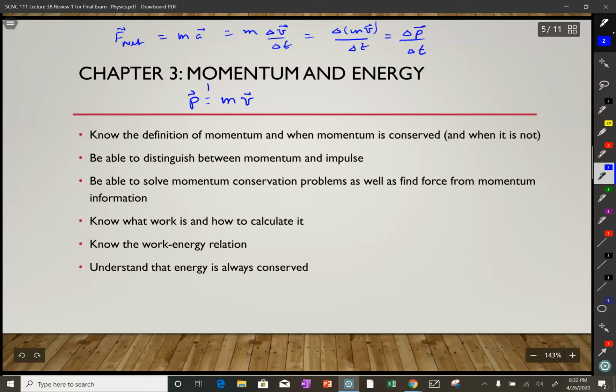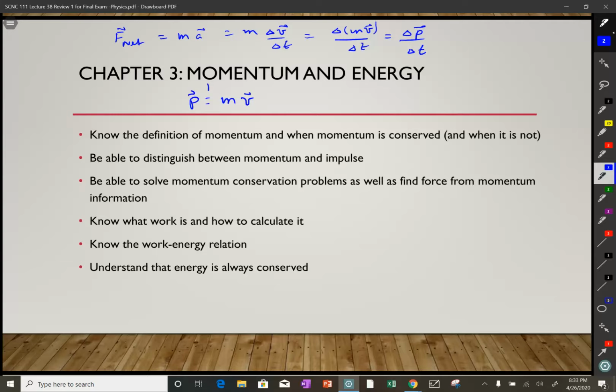So if the net force on a pair of objects is 0, then the momentum won't change. We did a lab on this where we had a, quote, frictionless, end quote, track, and so momentum should have been conserved. So know the condition where momentum is conserved and when it's not.